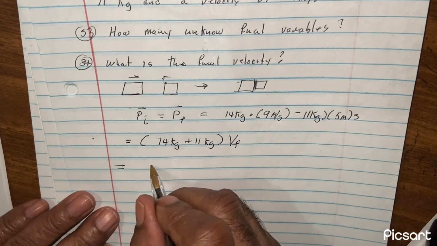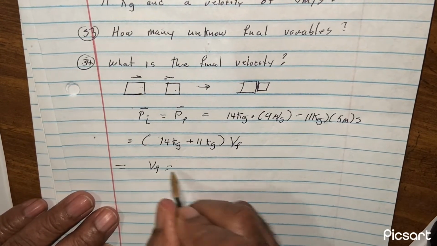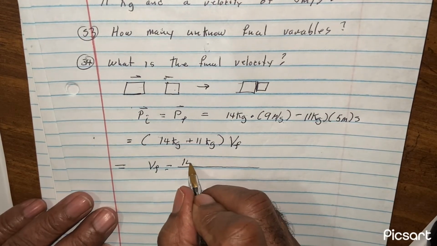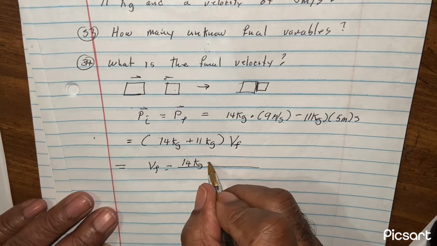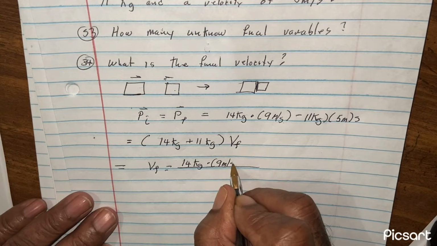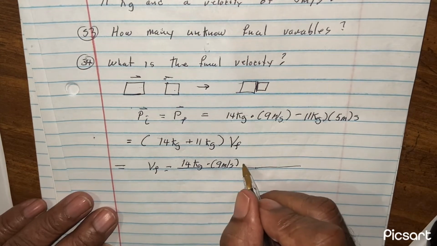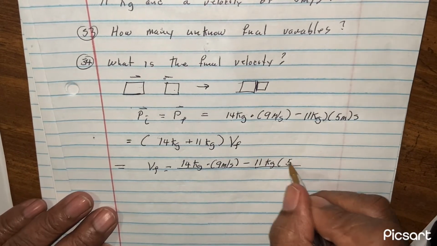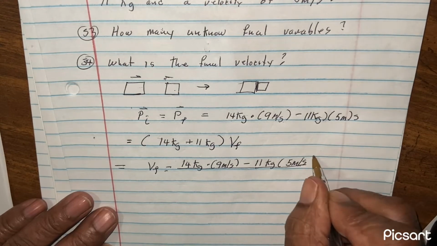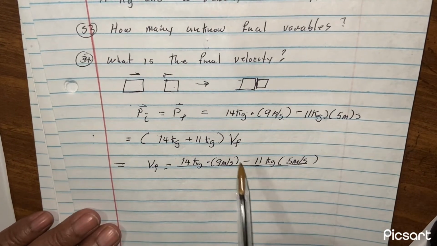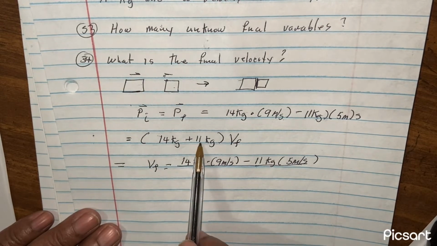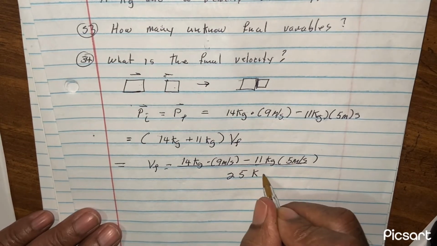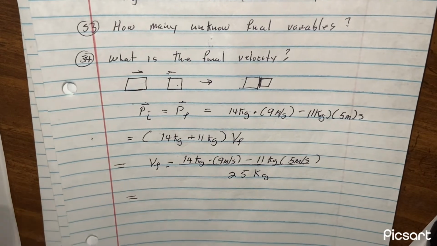V final is going to equal 14 kilograms times 9 meters per second minus 11 kilograms times 5 meters per second, and we're going to divide it by 14 and 11, which is 25 kilograms.